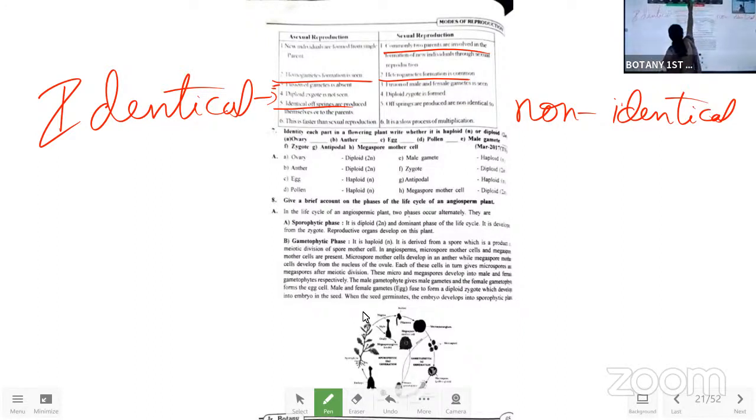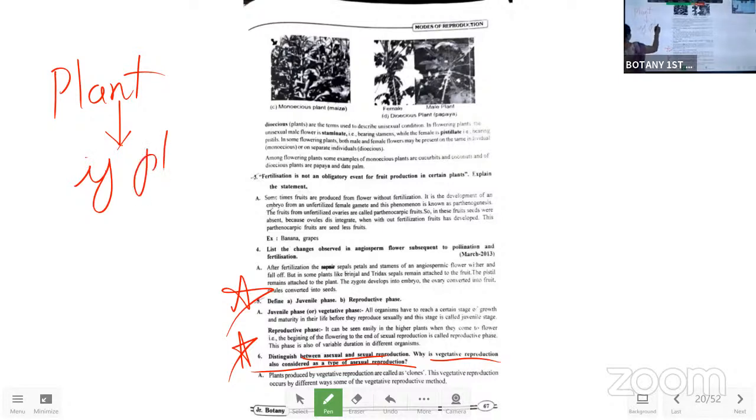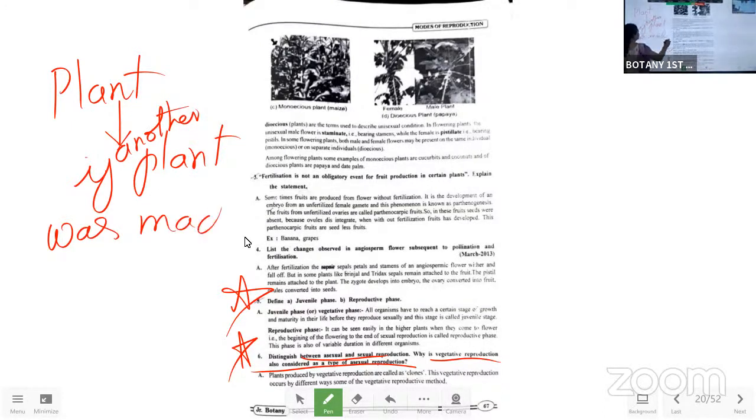And the other question is: why is vegetative reproduction also considered asexual reproduction? What is meant by vegetative reproduction? From a single plant, if another plant is made, that is called vegetative reproduction.